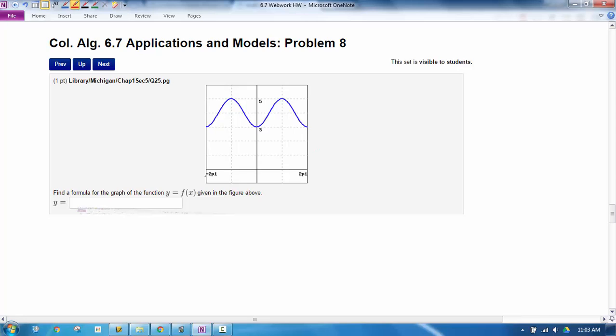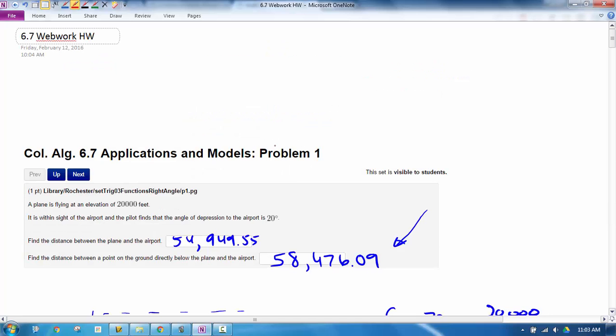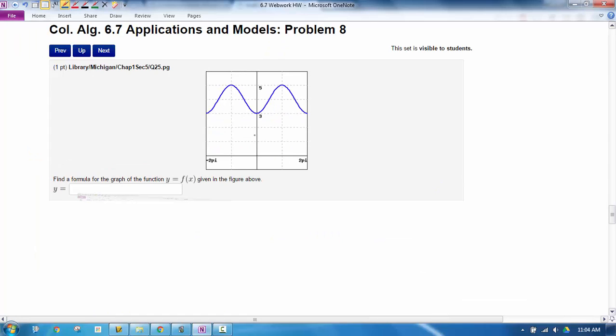Okay, the next problem says find a formula for this function here. Now, I'm going to use cosine instead of sine. It doesn't matter, but I notice that cosine typically goes like this. So I know that if I were to reflect the cosine over this line, by putting a negative sign in front, it would be the blue function. So basically I'm imagining that I'm going to start off with a cosine function, which goes like this.